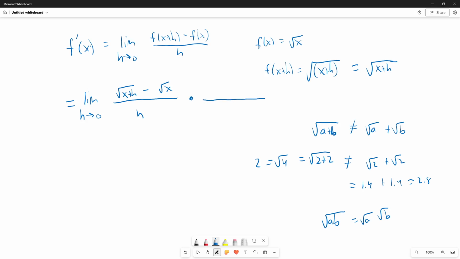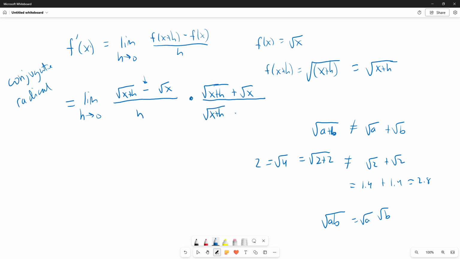So in order to resolve this, we use the conjugate radical. And that's the square root of x plus h plus the square root of x. It's the exact same square roots with the opposite sign in between.